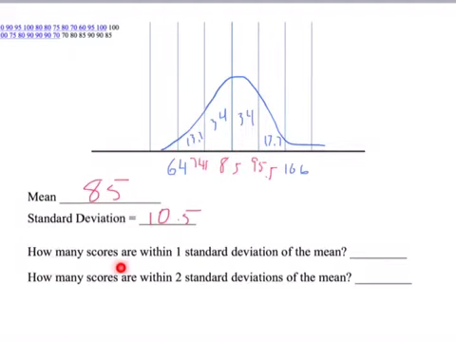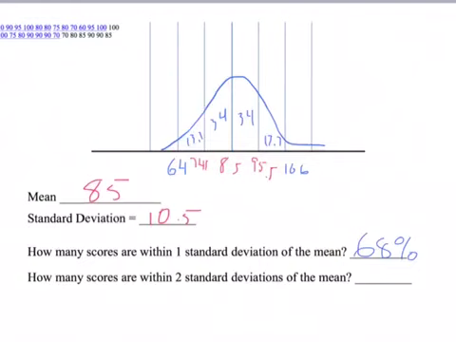Our question here says how many scores are within one standard deviation of the mean. So our mean is right here, and our first standard deviations are right there. So I would want to take this percentage. 34 plus 34 is 68%. So 68% of our grades always fall within one standard deviation of the mean.